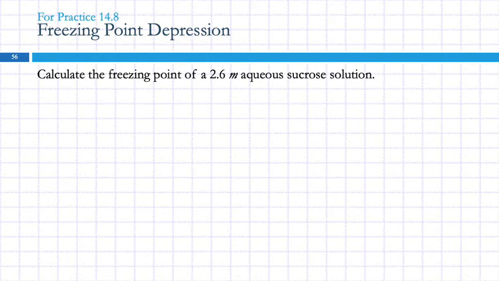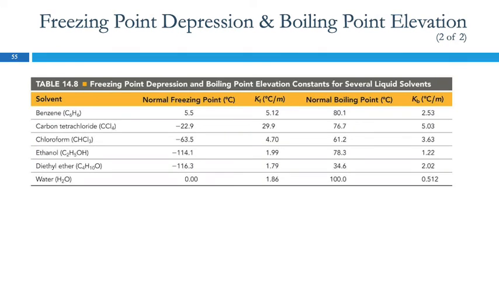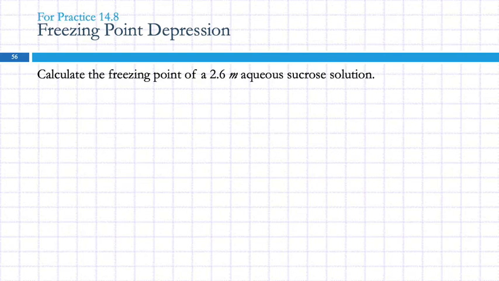So, calculate the freezing point of a 2.6 molal aqueous sucrose solution. We need the freezing point depression constant for water, 1.86 degrees Celsius per molal. So the change in the freezing temperature is equal to the molality times the freezing point depression constant.